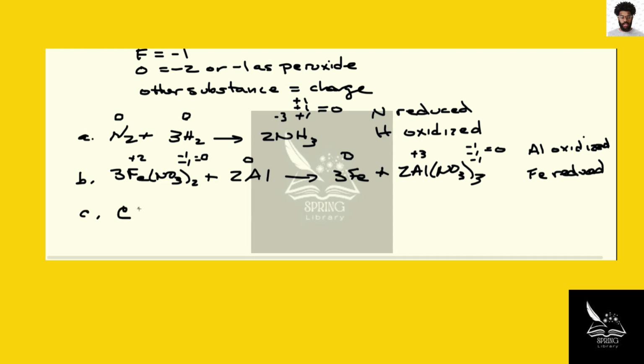Okay, let's take a look at chlorine and sodium iodide becoming iodine and sodium chloride. Elements in their natural state, 0. Iodine, a halogen, is -1. Sodium's +1. Sodium here is still +1, and the chloride's -1.